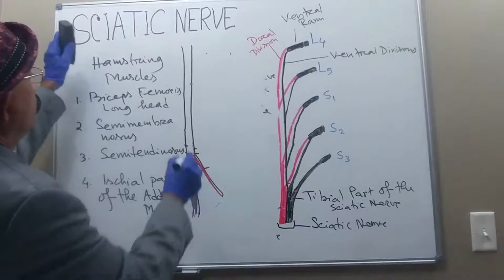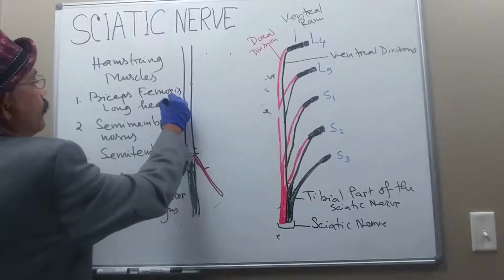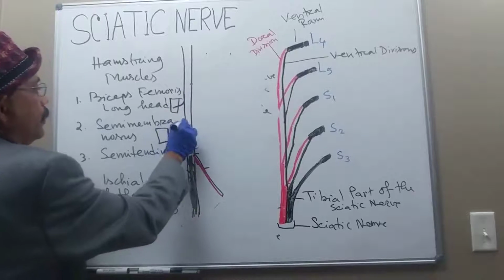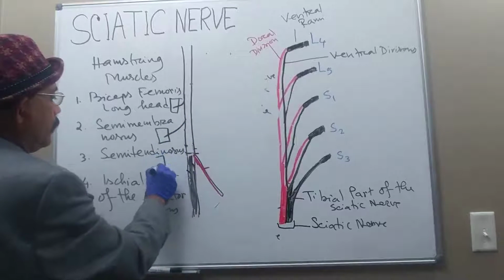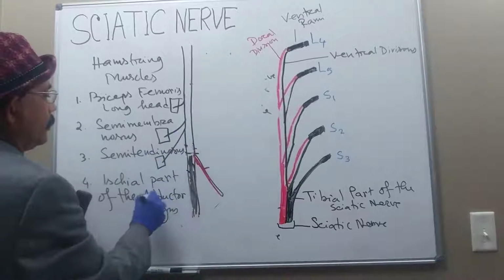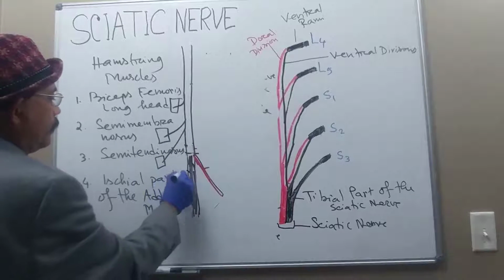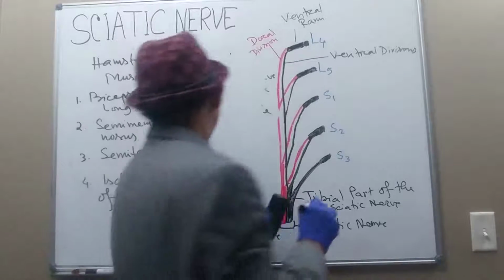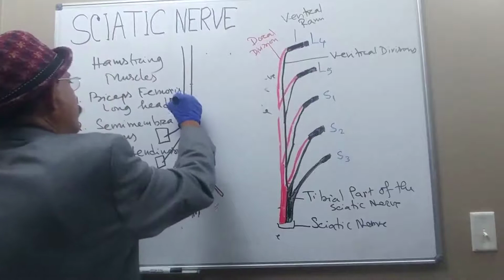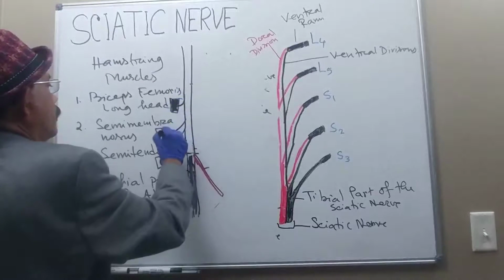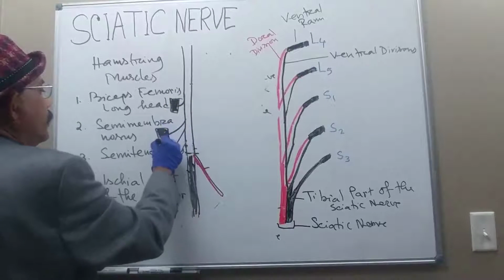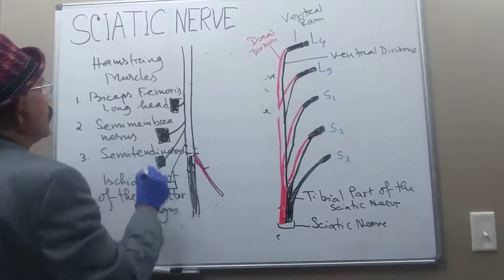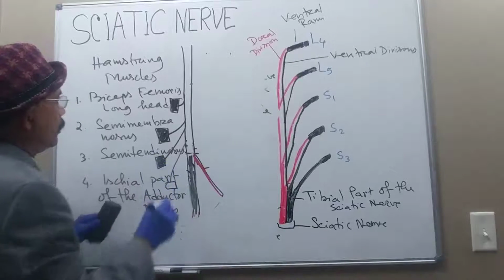So if we go to make these muscles, getting nerve supply here, it is getting nerve supply. If I draw, this is the part of muscle getting nerve supply. Okay, so we got these muscles getting innervation from the tibial part of the sciatic nerve.